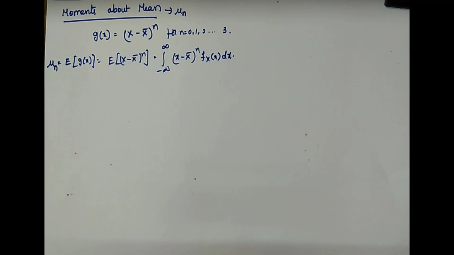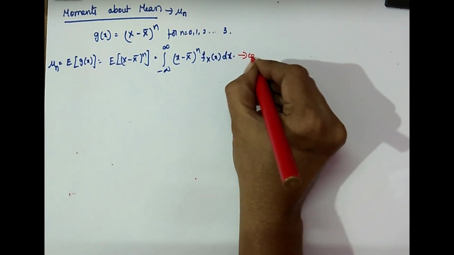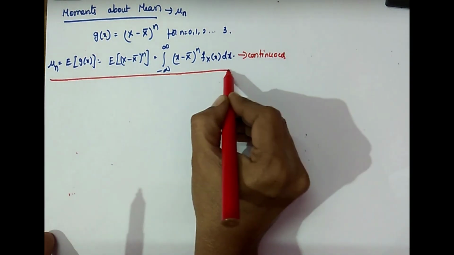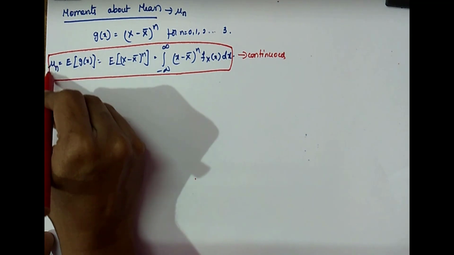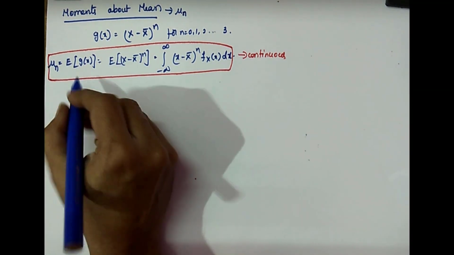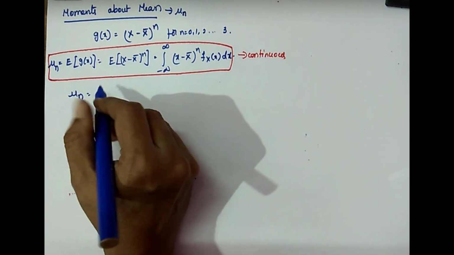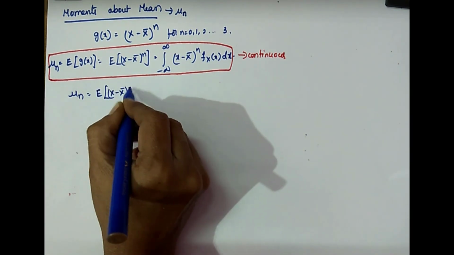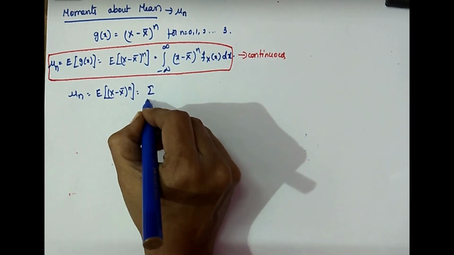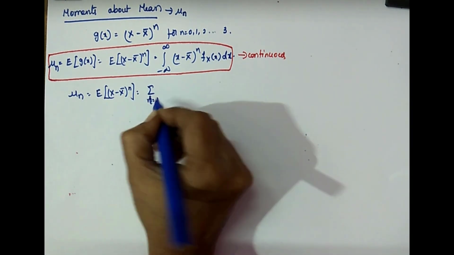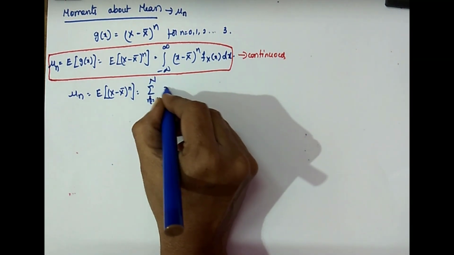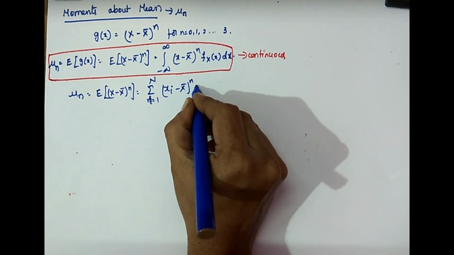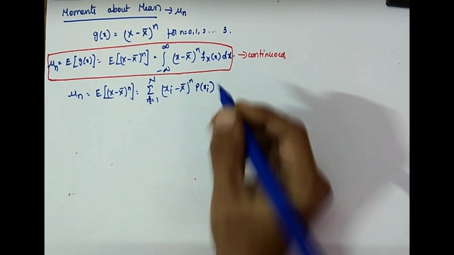This is for the continuous case. For discrete, I'll directly write the formula: the sum over i from 1 to n of x_i minus x bar whole power n into P of x_i.